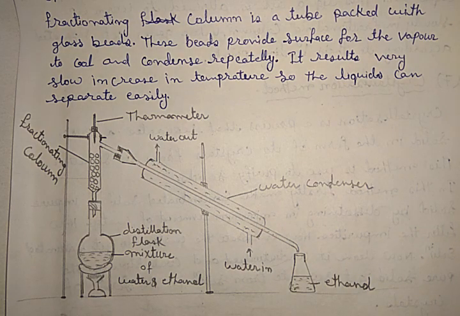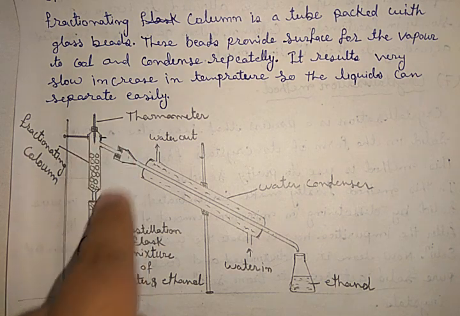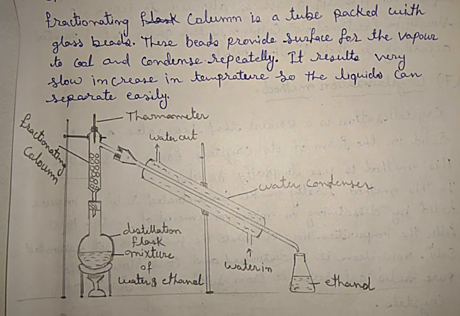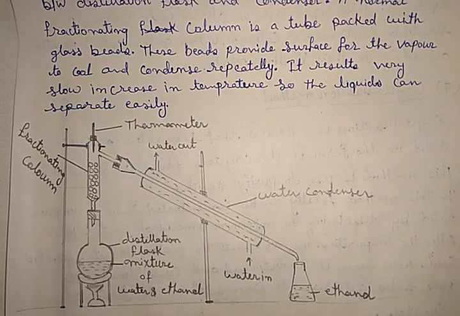Got it clear? So in this way the fractionating column helps us to control the rise of temperature. It slows the rising of temperature in the distillation flask. Got it?